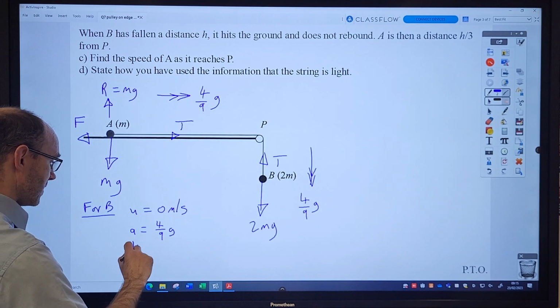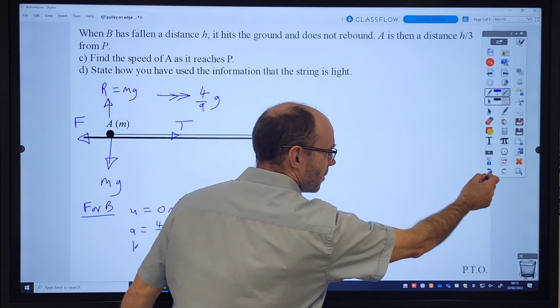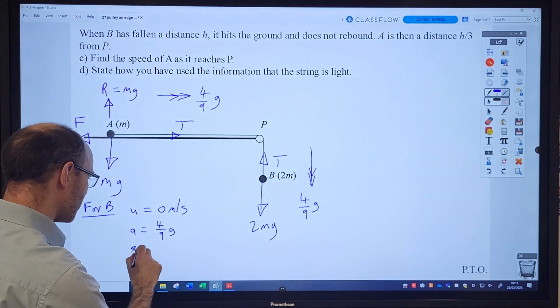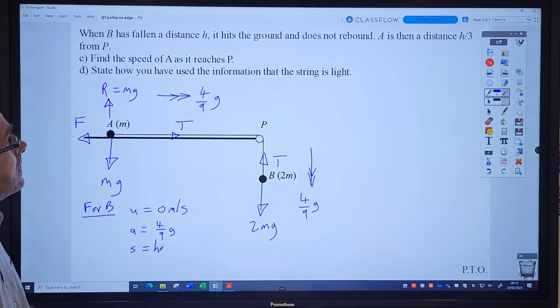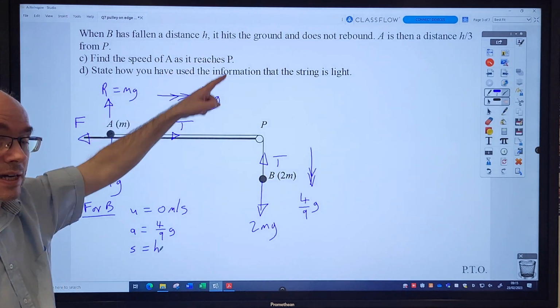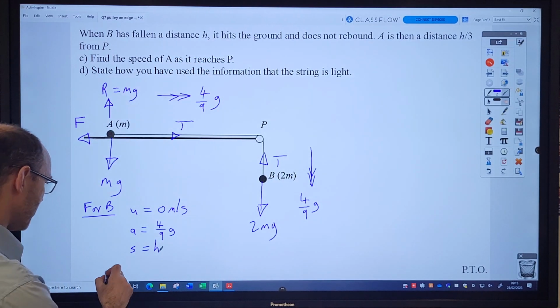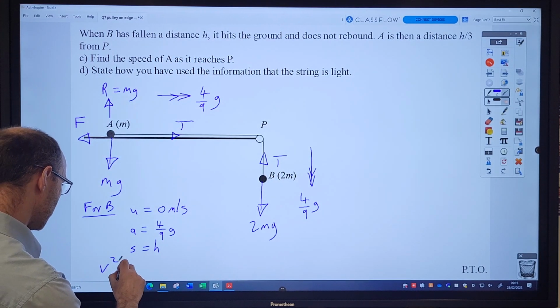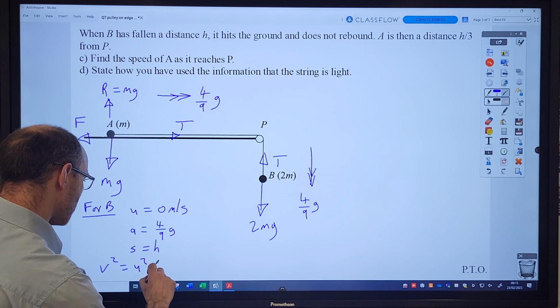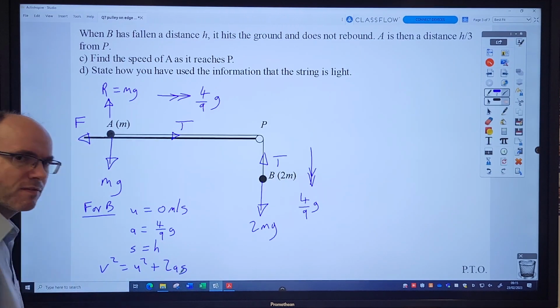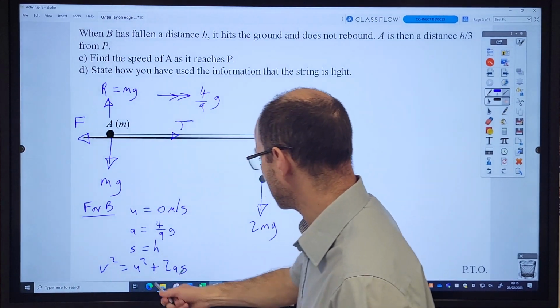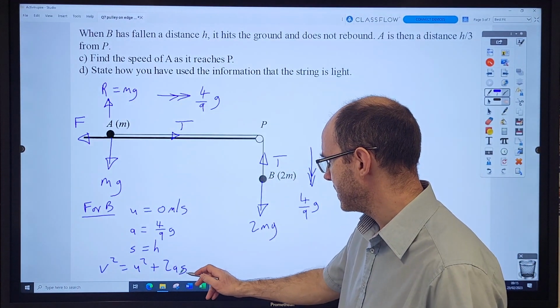And the distance, I use s, of course, for distance, is h. The distance that it falls is h, okay, and we've got to find what v is. So we're going to use v squared equals u squared plus 2as for that one. Okay. So u is equal to 0, so we've got 2 times a times s.